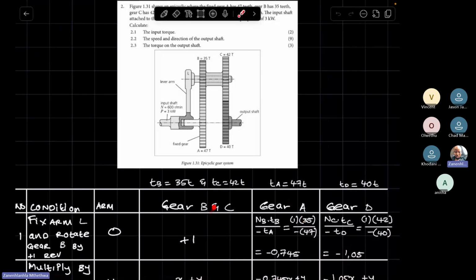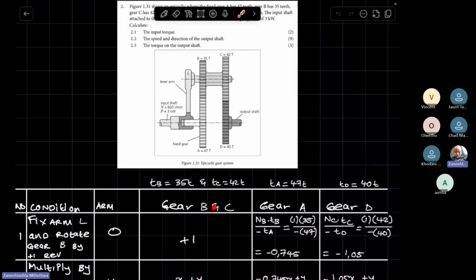And VA is equal to the rotational frequency of A times the number of teeth of A, which is equal to VB, the rotational frequency of B, times the number of teeth of B. Right, that is what this means. Now, we are looking for the rotational frequency of A.